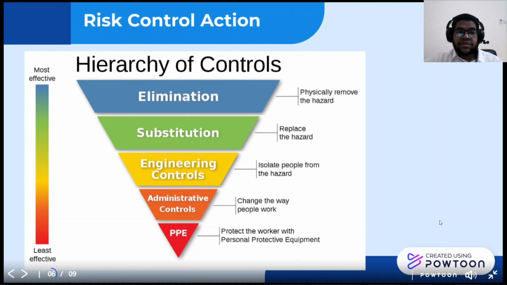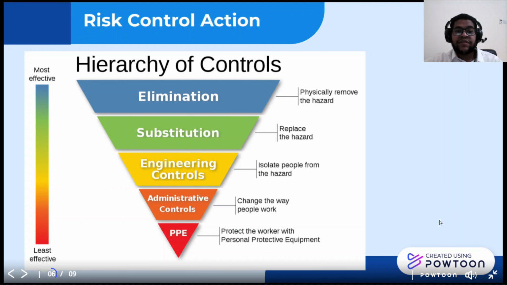The hierarchy of controls are used to determine how to implement feasible and effective control solutions. PPE, which is personal protective equipment such as gloves or coverall, are the least effective hierarchy controls, while elimination, which is eliminating the hazard from the workplace itself, is the most effective.